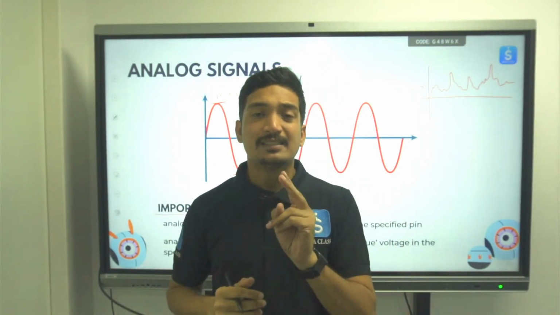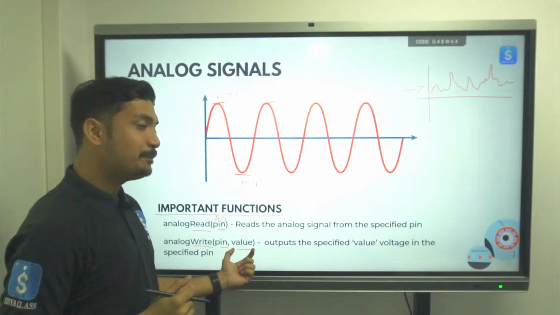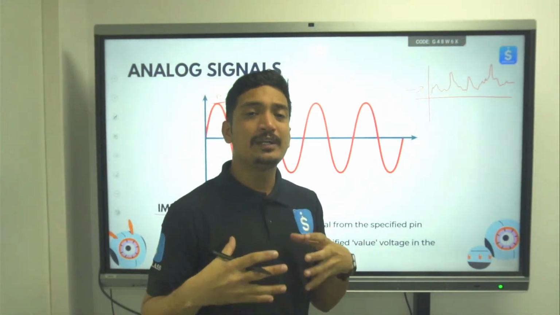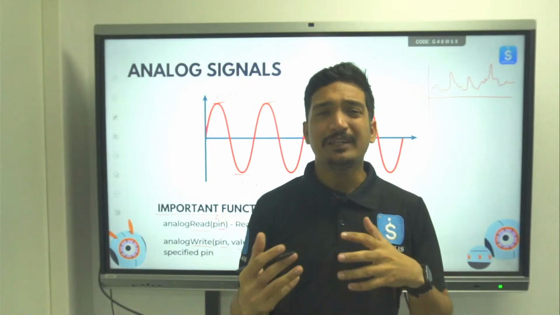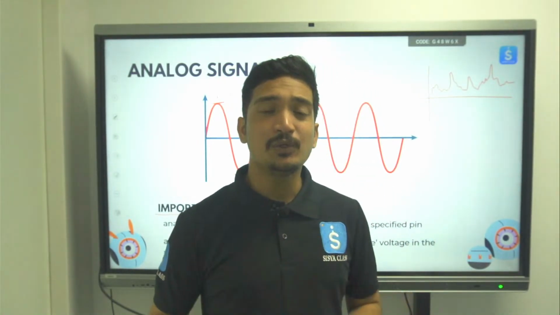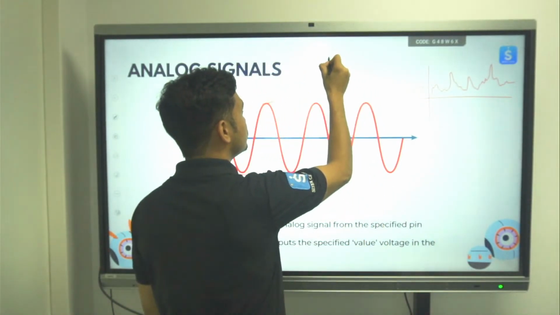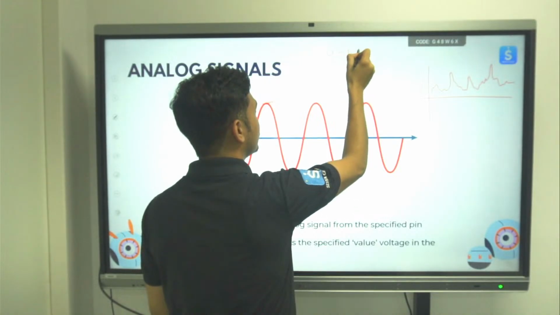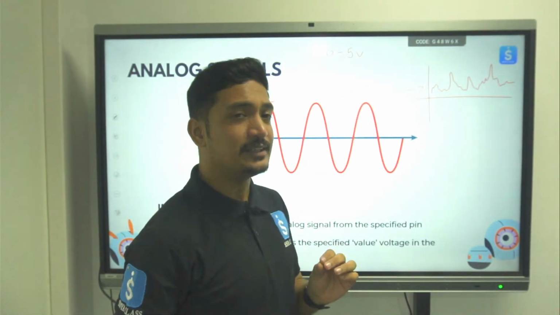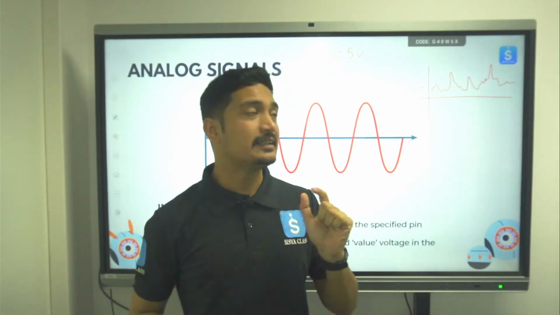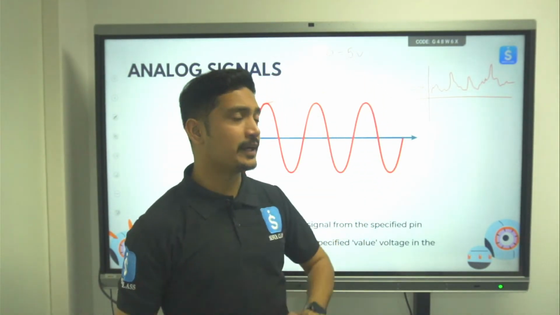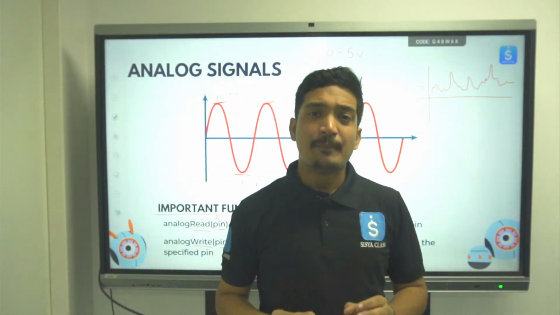Second, we have value. Value means what voltage value you want to output from that pin. Now, what can be the range of this voltage? For Arduino Uno, the range of the analog pin is from 0 to 5 volts.